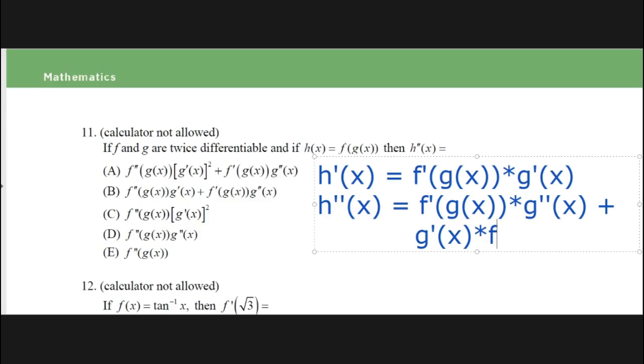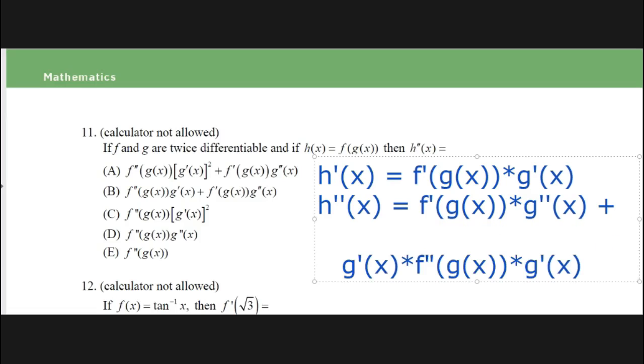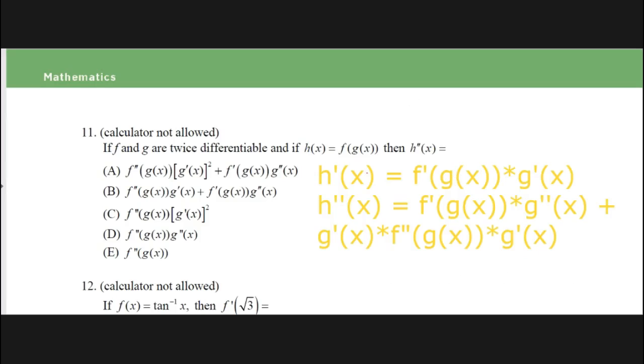So again, outside derivative first times derivative of the inside. So here what you'll notice is I have f prime g of x, I have g double prime x, and here I have g prime x, g prime x, and f double prime x.